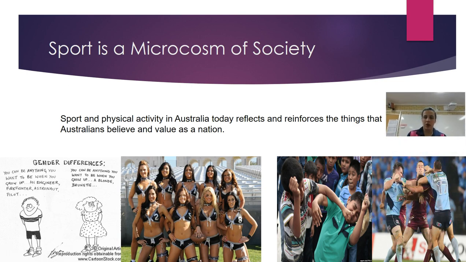Hopefully you can remember this phrase from last year: sport is a microcosm of society. So sport and physical activity in Australia today reflect and reinforce the things Australians believe and value as a nation. Okay, so for example, start with this one down here. Unfortunately, there is a lot of violence, not only in this world, but also our country.